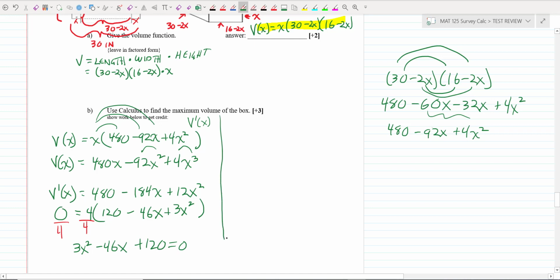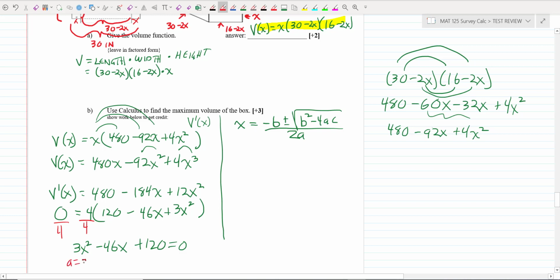So I'm going to go to the quadratic formula to find that value of x. The quadratic formula is negative b plus or minus the square root of b squared minus 4ac, all over 2a. In this problem we have this in standard form: you put the x squared first, then the x, then the constant.